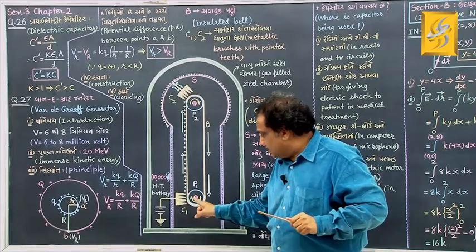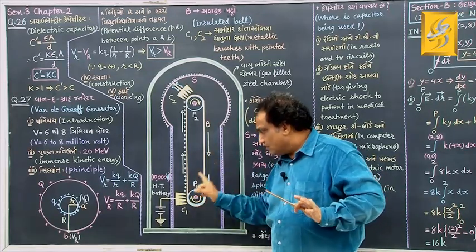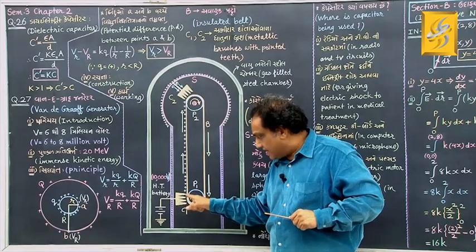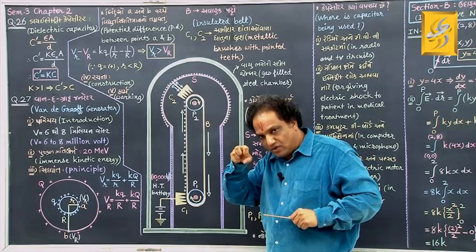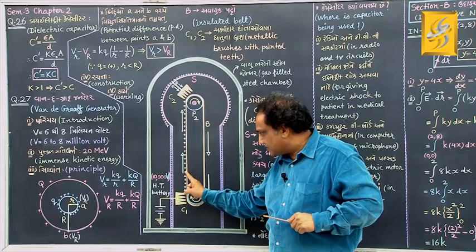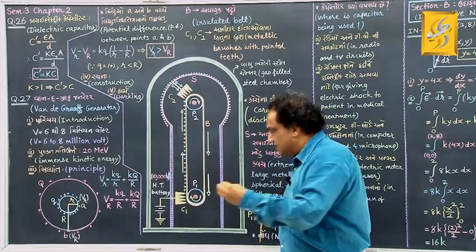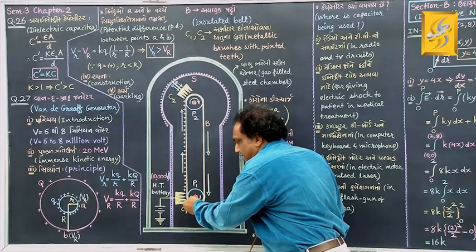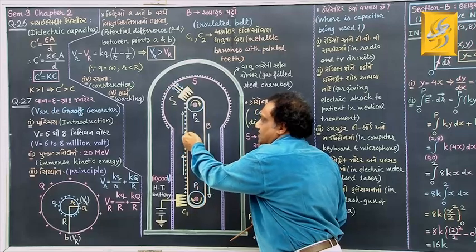But then this belt is not at rest, the belt is continuously moving. So what this belt will do, it will take that bunch of positive charges, that collection of positive charges, up with it this way, in this direction. Fine. So whichever positive charges are sprayed are carried by this belt in this direction, that is towards the upper pulley this way. Fine.